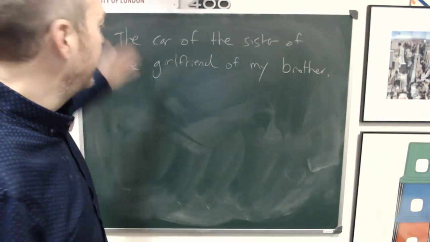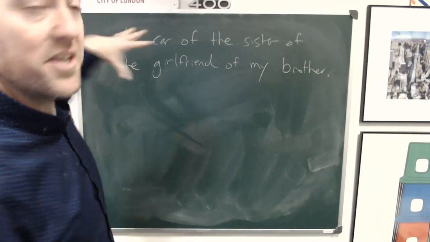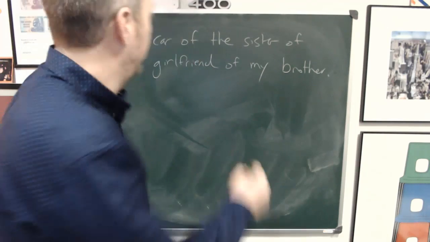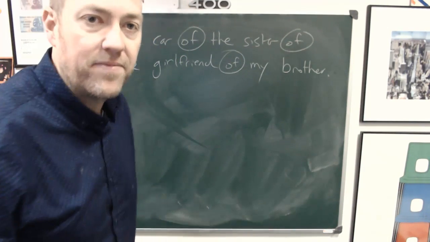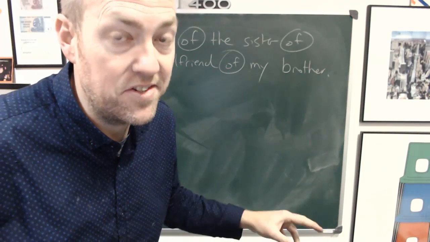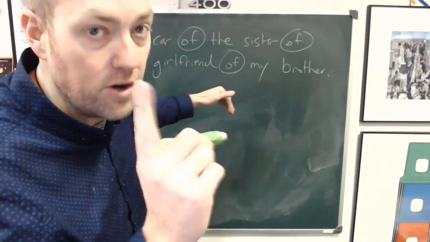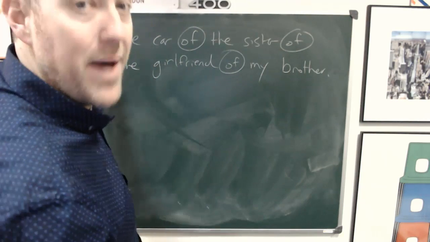So we have the car of the sister of the girlfriend of my brother. How many ofs? 1, 2, 3. Three ofs, three apostrophes with S's. And in this direction, no. We start here, we go backwards.